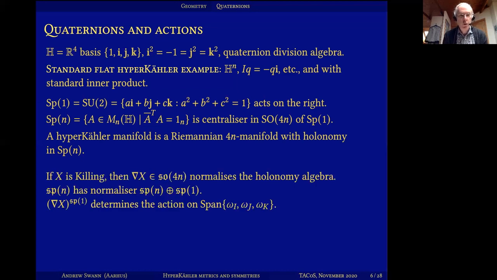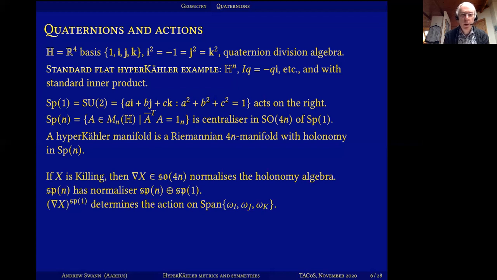So I want to talk about symmetries, so let's have a couple of remarks about Killing vector fields. If you have a general hyperkähler manifold, then for a Killing vector field, its covariant derivative normalizes the holonomy algebra. So in particular, this Killing vector field has to lie in Spn plus Sp1.